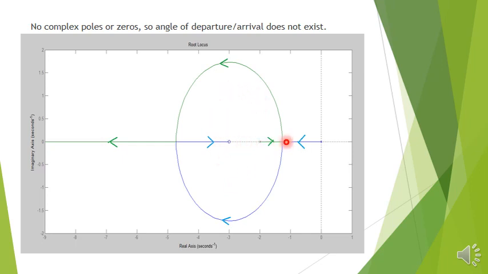The center is the average of these two, -1.27 and -4.73, that is -3. So -3 is the center, and from that draw a circle. So this is the root locus of the given problem. We will solve one more problem in the next session. Thank you.